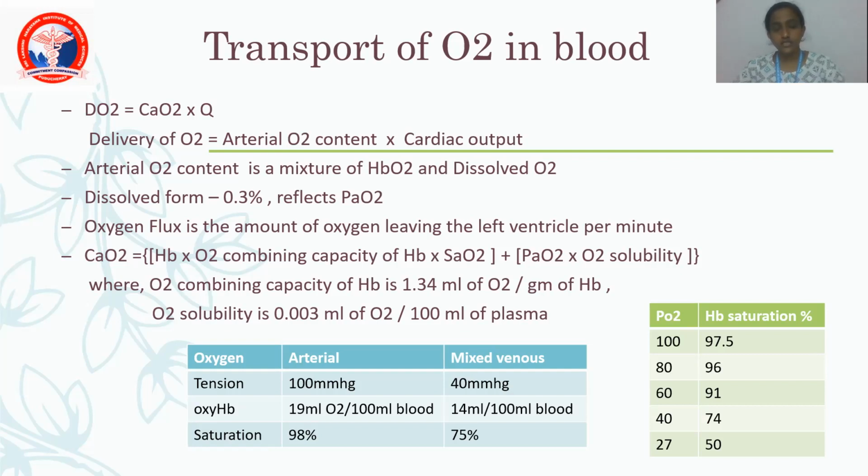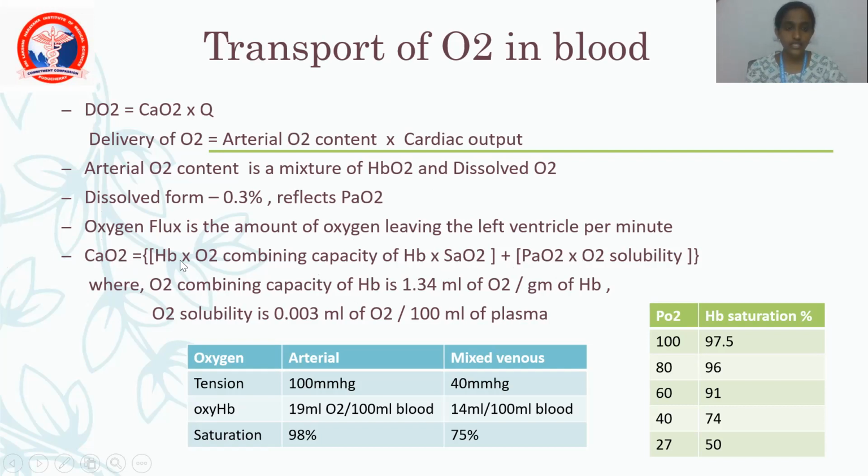So what does this term oxygen flux denote? Oxygen flux is the amount of oxygen leaving the left ventricle in a single minute. This CaO2 implies the arterial oxygen content. So it is a mixture of the hemoglobin combined form along with the dissolved form. This plus mark separates the Hb content from the dissolved content.